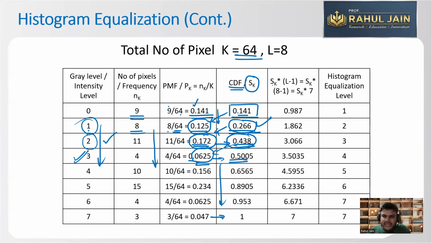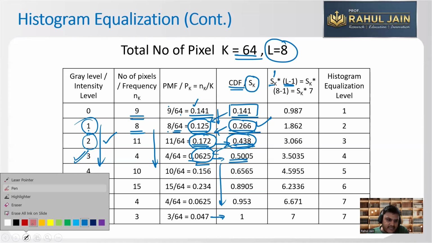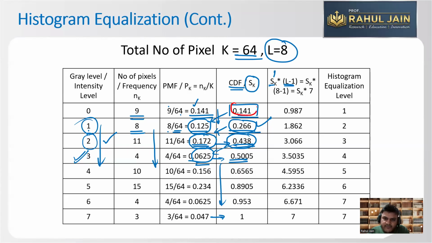Now let's come to the Sk part, that is the histogram equalization level. For that, Sk is the CDF value multiplied by L minus 1. Total levels are 8 here. The CDF value of pixel intensity 0 is 0.141. When I multiply 0.141 with L minus 1, where the total levels are 8, so 8 minus 1 is 7, I get 0.987.